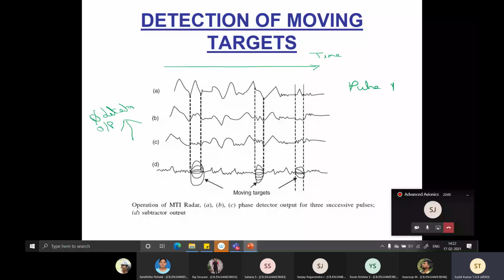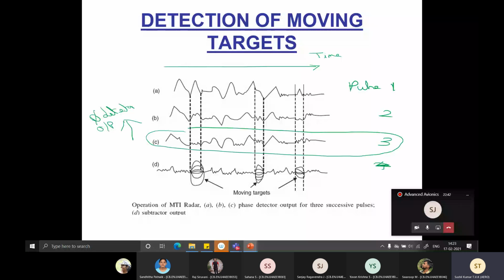This is pulse 1, then pulse 2, pulse 3. Even if we want to simplify it further, we can delete the third pulse.